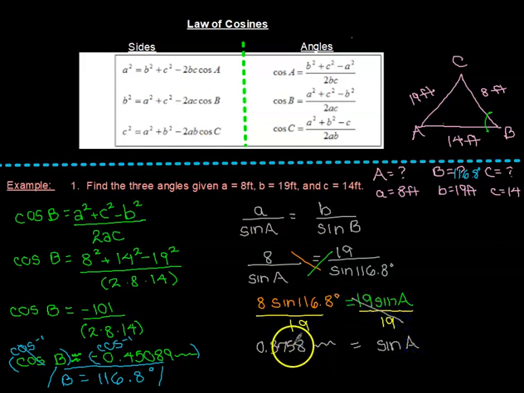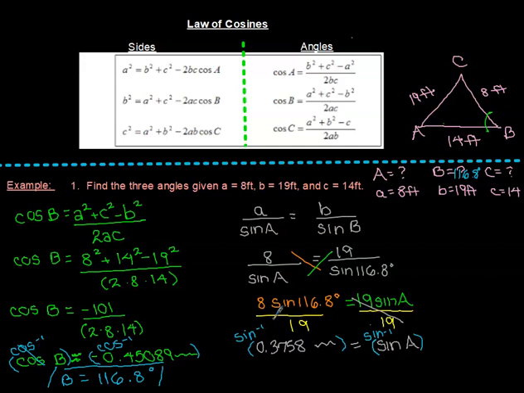Again, keep that whole decimal value, don't round it, keep the decimal value in your calculator. And the goal is to get angle A by itself. The only thing on the right side of the equal sign with angle A is the sine function. So to get rid of it, we inverse sine. And whatever you do to one side, you do to the other. So we're going to press inverse sine, which is second sine.